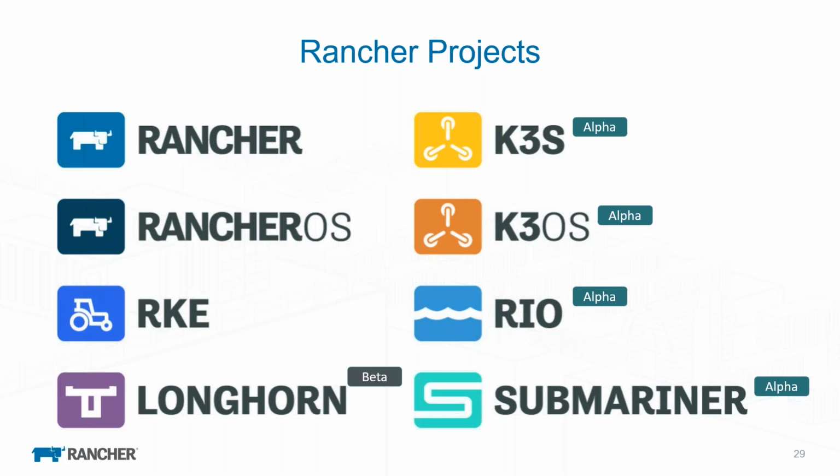Rio, we just announced before the summer, is a really cool project that we have been excited to see a lot of enthusiasm for. Rio is really focused on the other end. I mean, most of Rancher projects are kind of focused on the operations of Kubernetes, the storage around Kubernetes, the clusters themselves, the networking in Kubernetes.